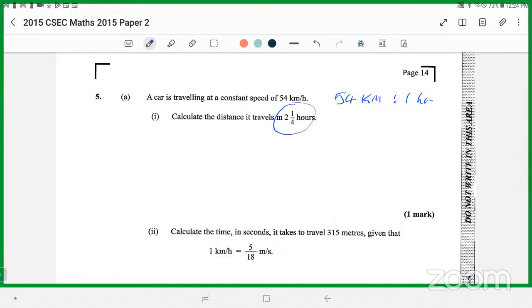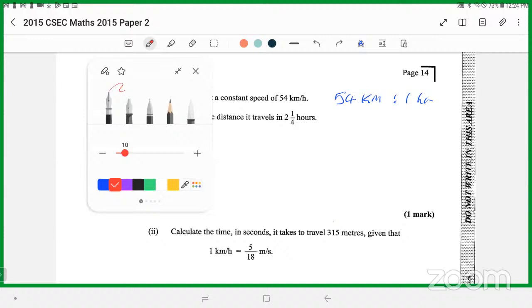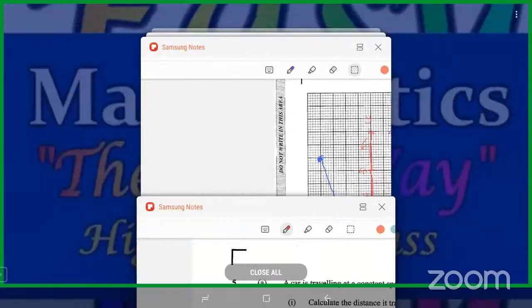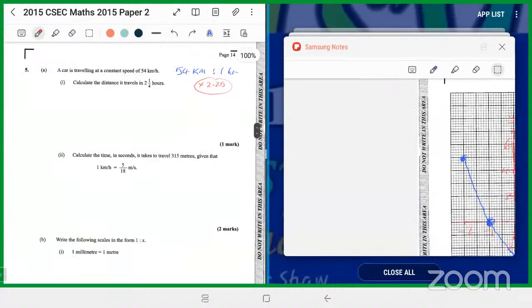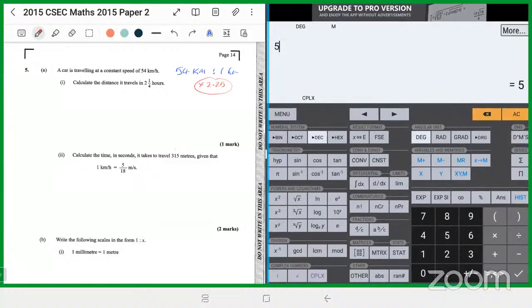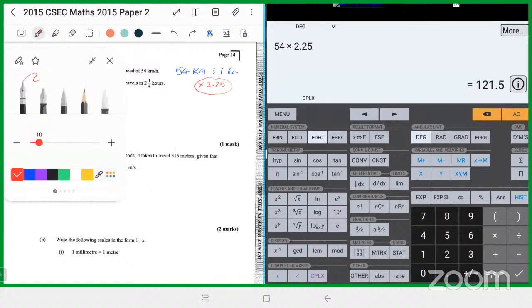So you have this ratio now, and you want the hour side to become 2¼. For that, you multiply by 2¼, which is 2.25. So if I multiply this ratio by 2.25, let's get a calculator. 54 times 2.25 is 121.5.